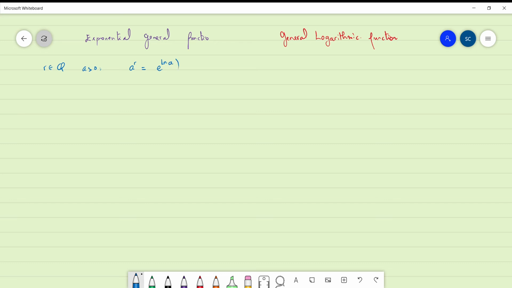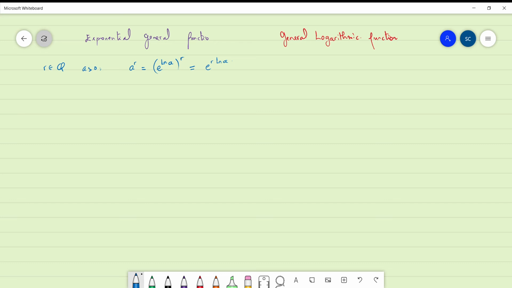So I can write a^r is equal to exponential of r ln a, using the properties of the exponential function. So we have this equality.